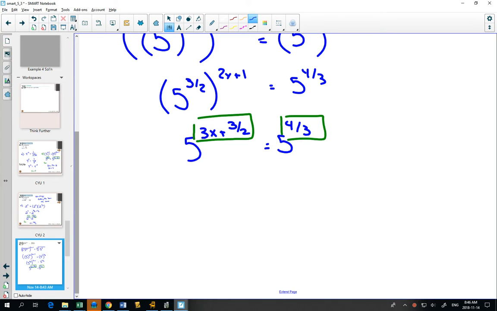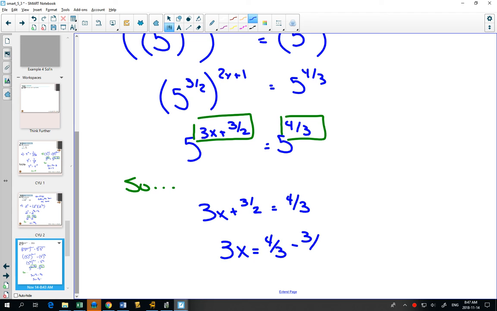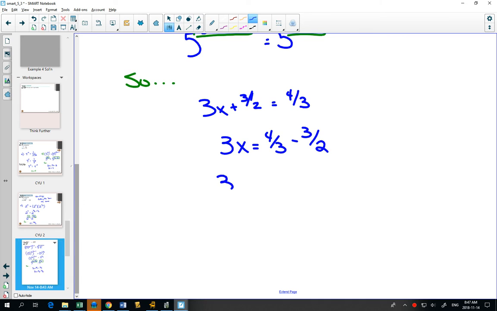Now that we've got our bases the same, this 3x plus 3/2 has to equal 4/3. And we just want to solve for x. How do we subtract fractions?